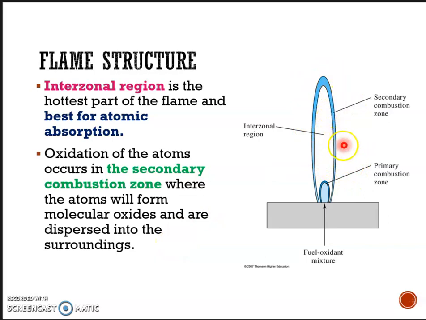Oxidation of the atoms happens in the secondary combustion zone. So this part is not very important for us in analysis, but you must know. So that's why radiation source mesti melalui tengah-tengah api ni.